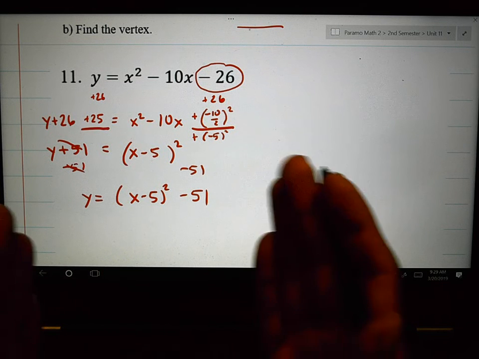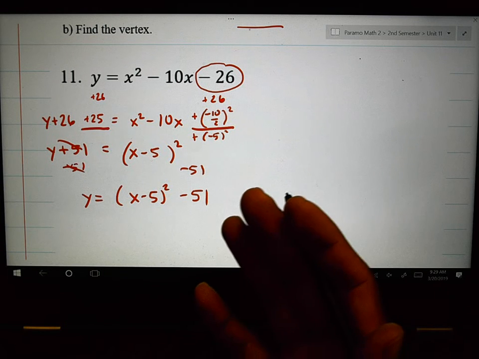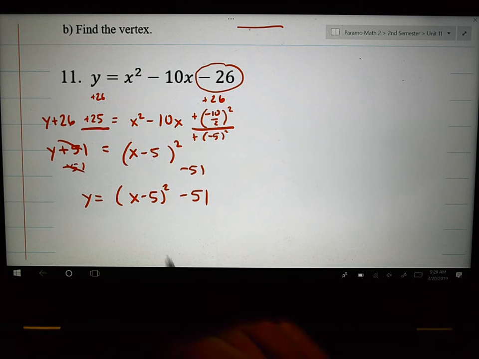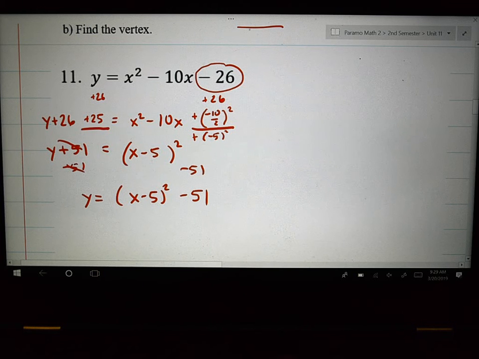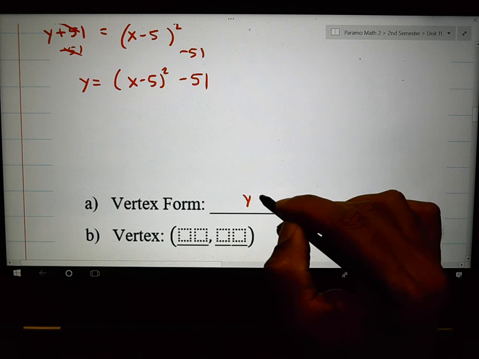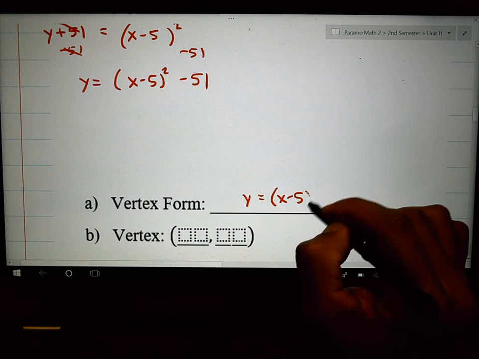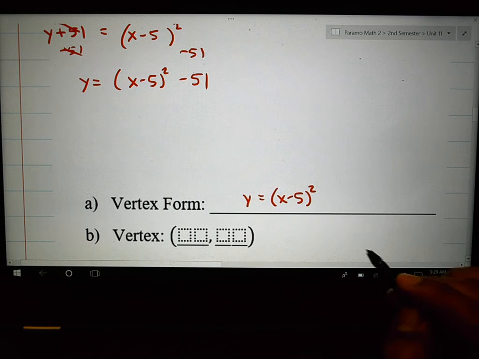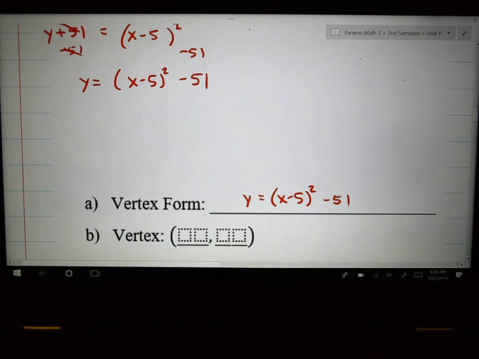If you remember vertex form from the previous lesson, what you'll remember is opposite, same. Because they're going to ask you, what is it in vertex form? Here's your answer. Y equals parentheses x minus 5, parentheses squared, minus 51. And they're going to ask you, what's the vertex?